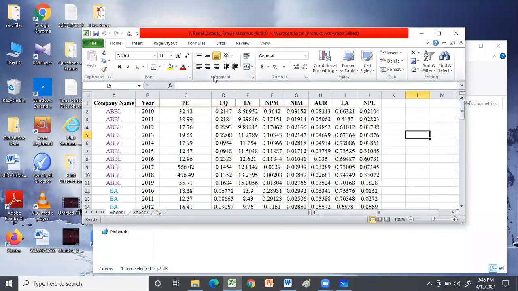So this is the data set which was created by one of the students from 21st batch, and he was doing the internship or master's thesis under my supervision. So that is the data he has collected, and I will show you the panel data econometrics on this data set. Okay.